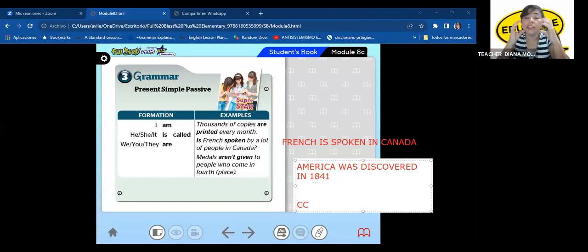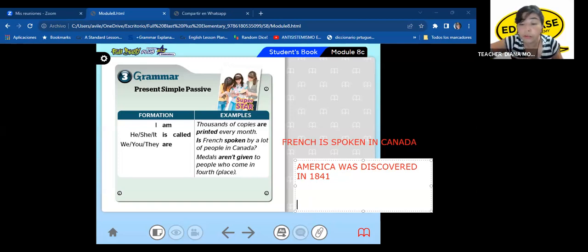The main point is that Christopher Columbus is the hero there. I have the person who did the action. So the main idea is the person, Christopher Columbus. Christopher Columbus discovered America in 1881.